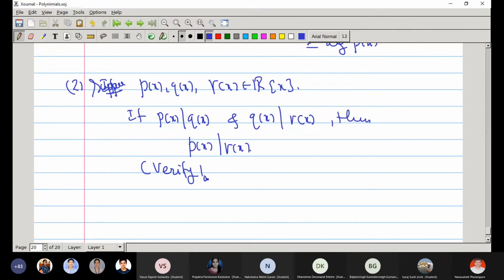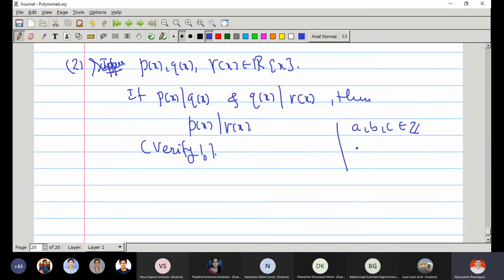Is it true? It is like integers. If A divides B and B divides C, then can I say that A divides C?